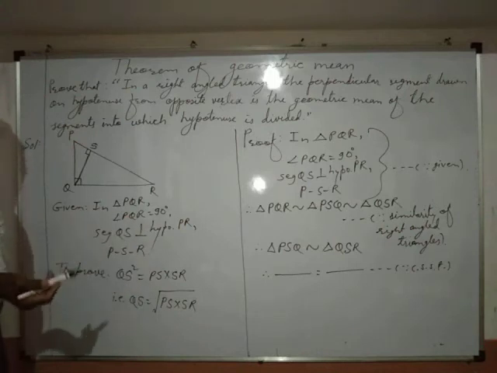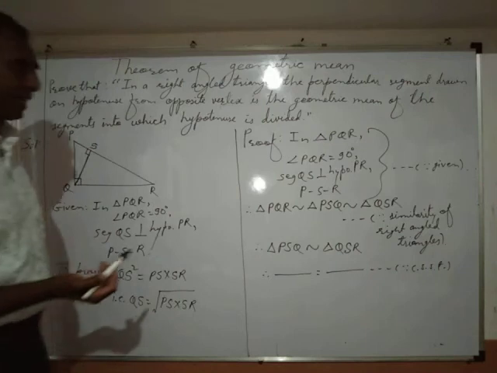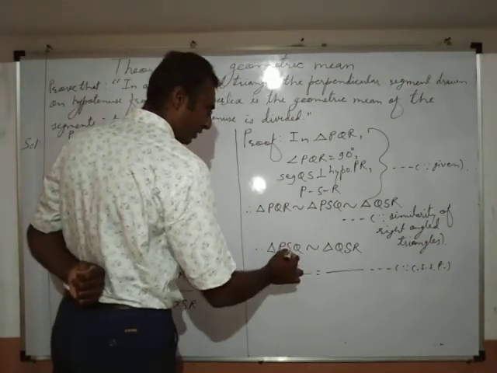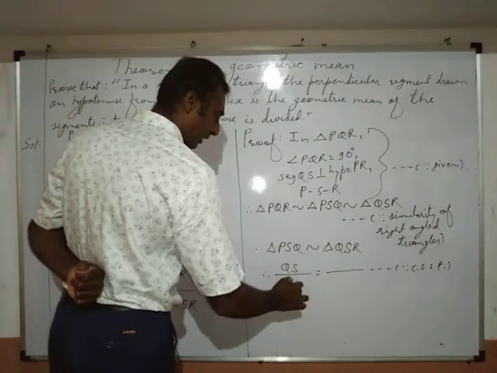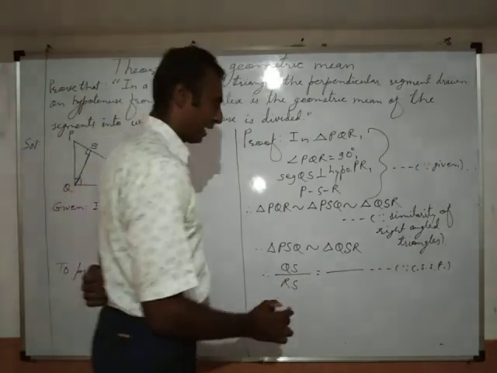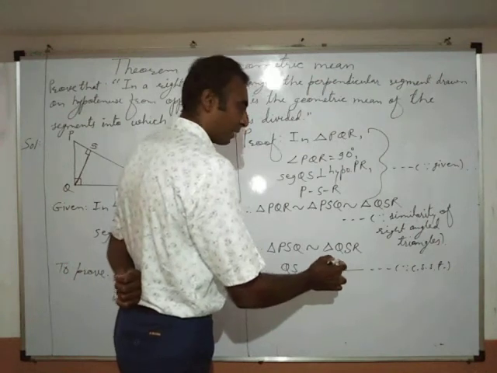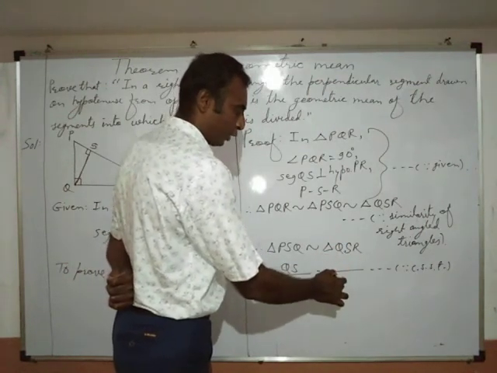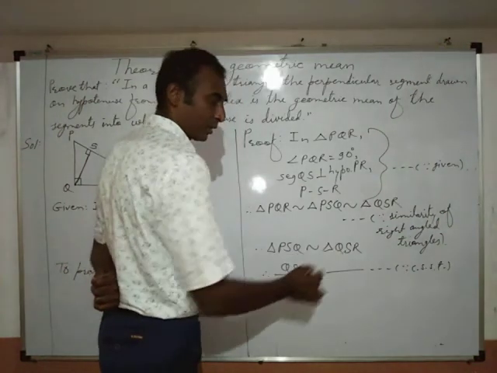Before that, we need to write the ratio of corresponding sides of similar triangles. QS of the first triangle corresponds with RS of the second triangle, and as we are interested in QS of the second triangle, which will be at the denominator, PS corresponds to that QS.